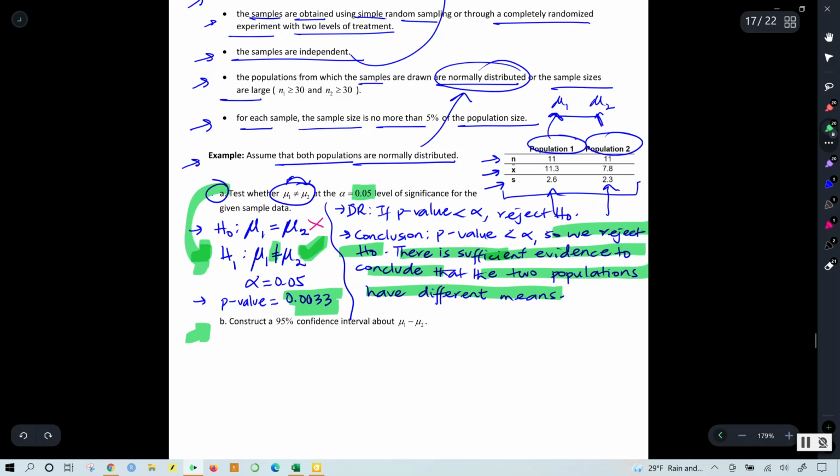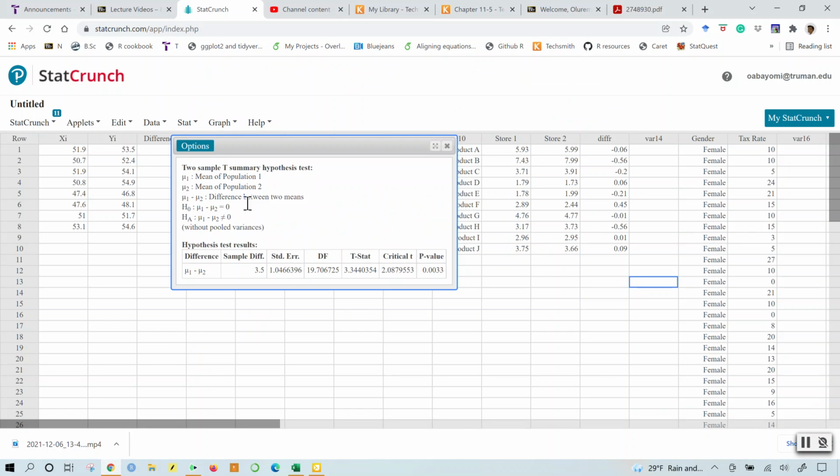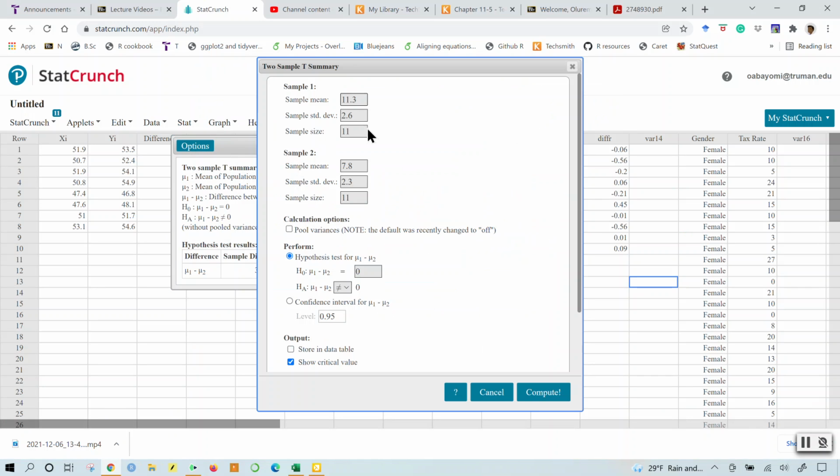Then the second part tells us to construct a 95% confidence interval for their difference. To do that, go back. You can edit the options here. Go to edit. This will take you back to where you started. And rather than perform a hypothesis test, we will construct a confidence interval.